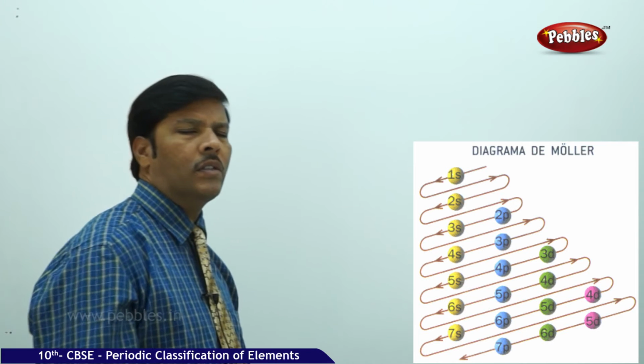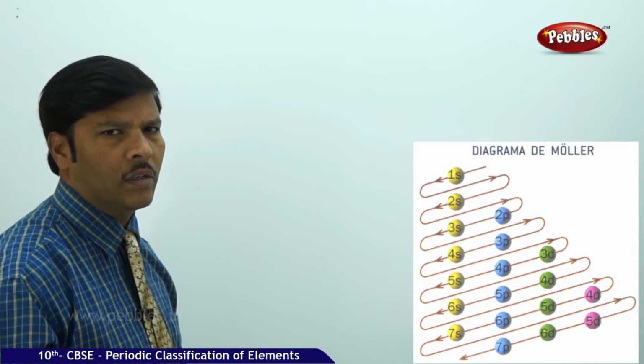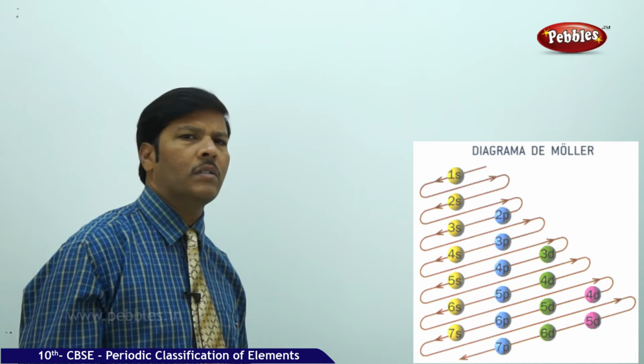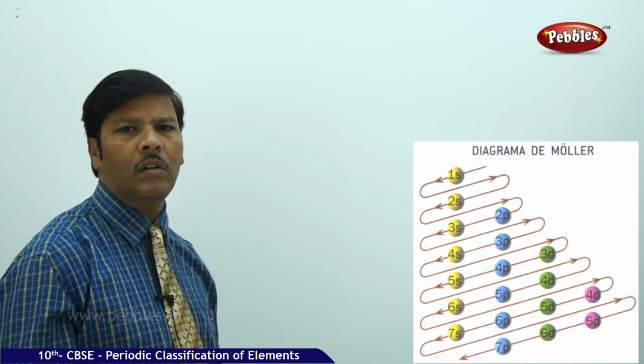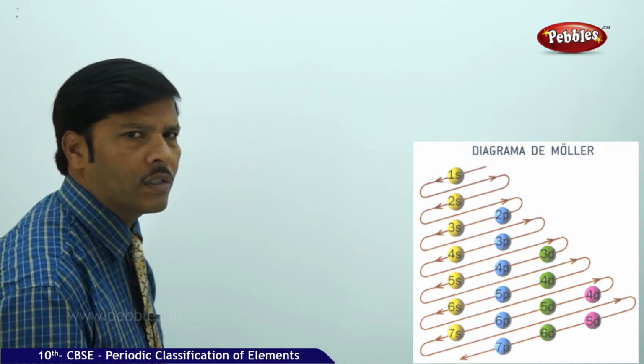So let's discuss the next part of the topic in the periodic table. Today we are going to discuss something about the exercise. A few questions we are going to discuss in the periodic table.